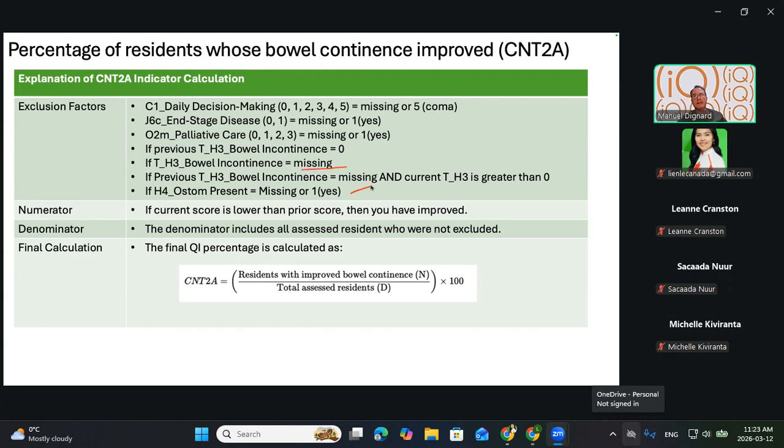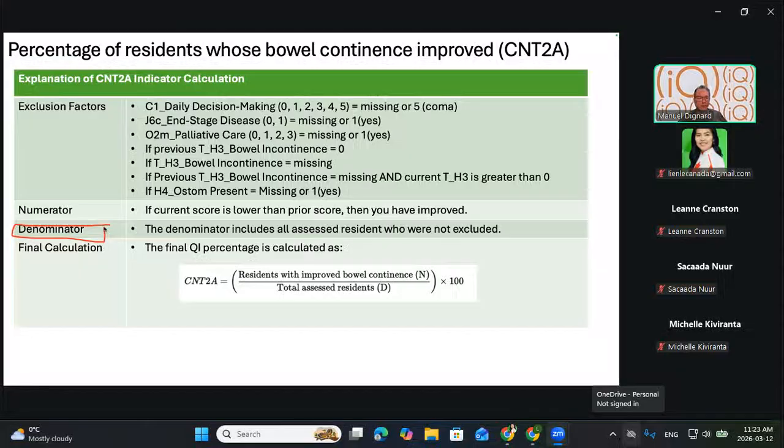If data is missing, and if you have an ostomy, you're not part of the denominator either.